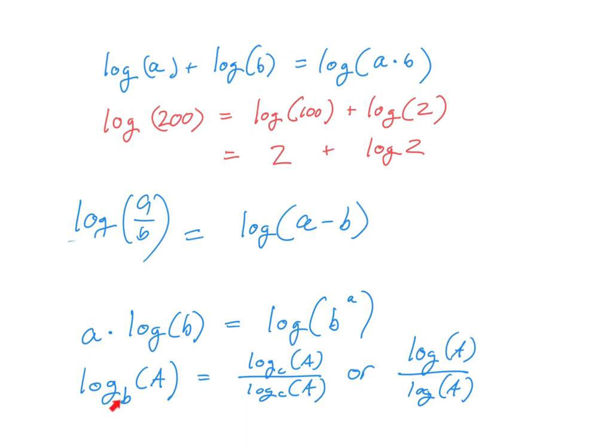And the last one here is the change of base formula. So if I have log base b of some number that's not base 10 or base e, I can change this as long as these two have the same base. So log base b of a will equal log base c of a over log base c of b. I wrote this down wrong, folks.